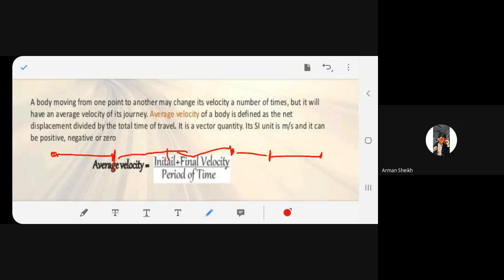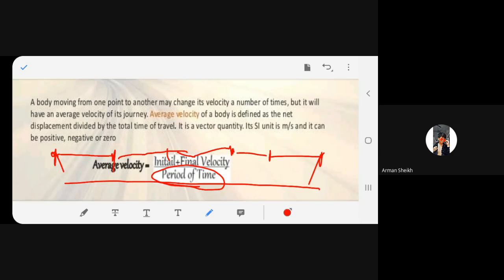So for this journey, I cannot have the velocity as such. I have to take the average velocity because the speed changed during the journey. The net displacement is from here to here, and the total time taken is the period of time.